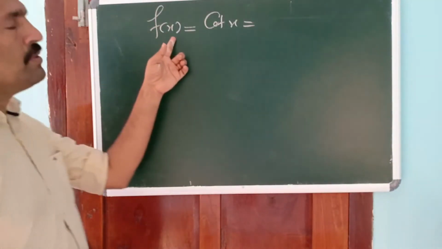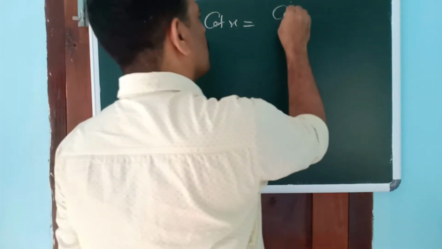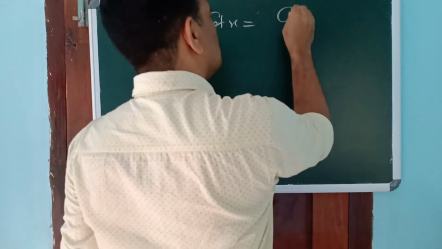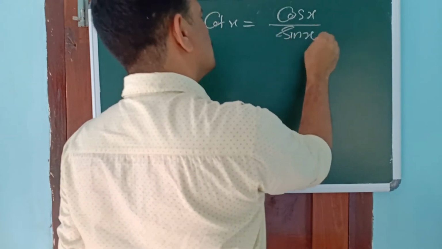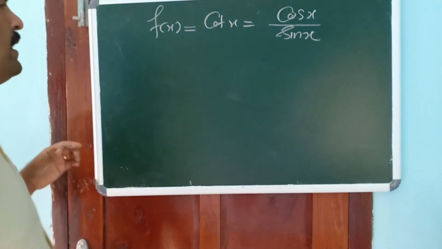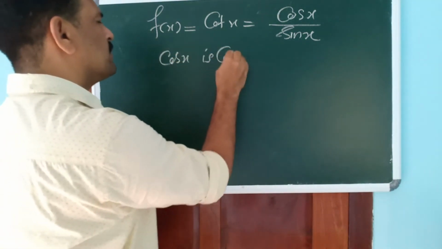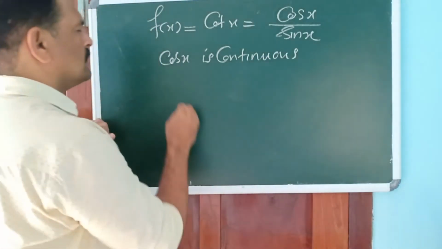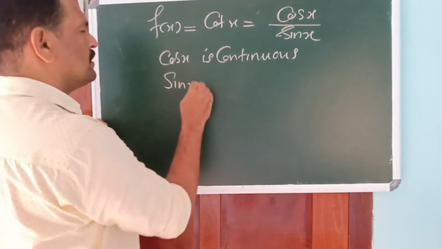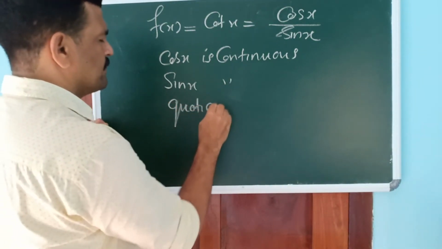Now we can do the last question, f of x equal to cot x. That can be cos x divided by sin x. Now we can write cos x is continuous, sin x is continuous, quotient function is continuous.